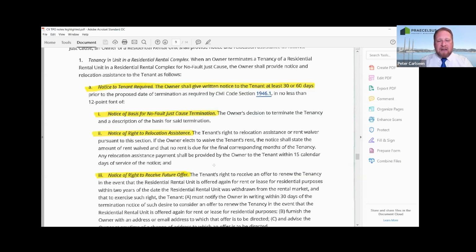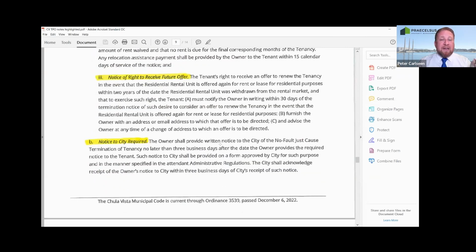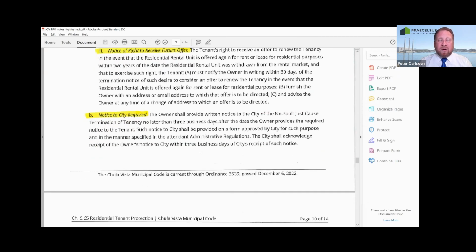So they have to notify the owner in writing within 30 days of the termination notice that they want to or potentially want to, and they have to keep all of their information updated with the owner. Now, as a landlord, you also have to notice the city. So you have to tell them, and there is a specific website or email address that you go to notify them.